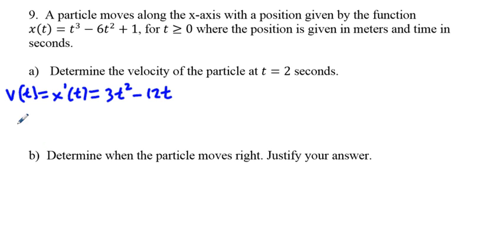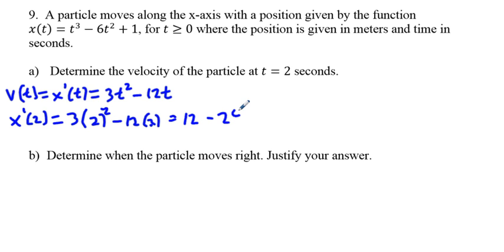And at t equals 2 seconds, we're going to find x prime of 2 equals 3 times 2 squared minus 12 times 2, and 3 times 2 squared is going to be 3 times 4, which is 12, minus 24, which equals negative 12 meters per second.